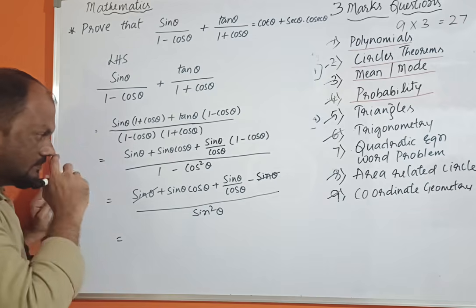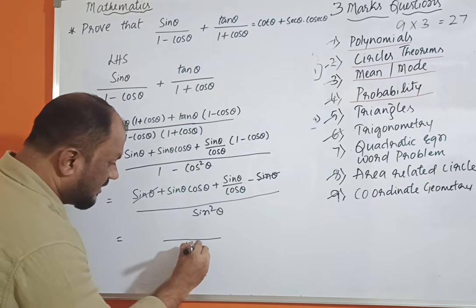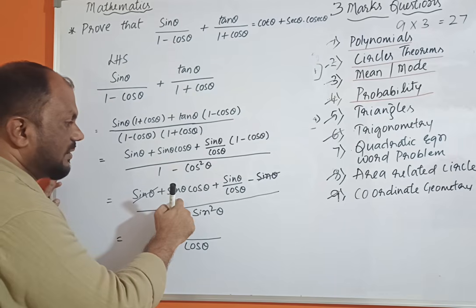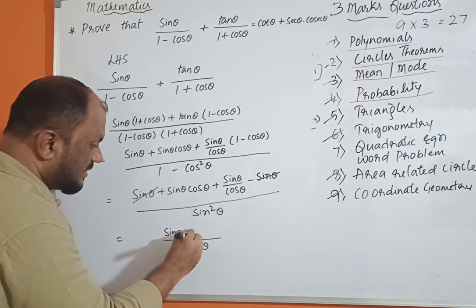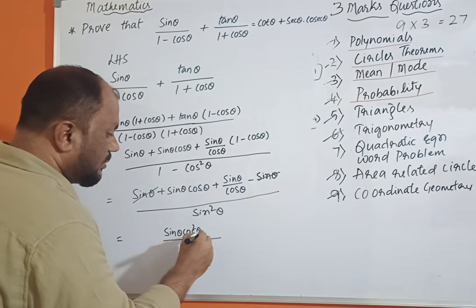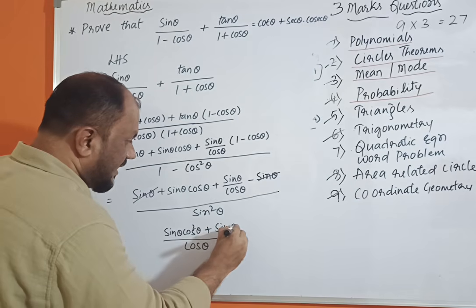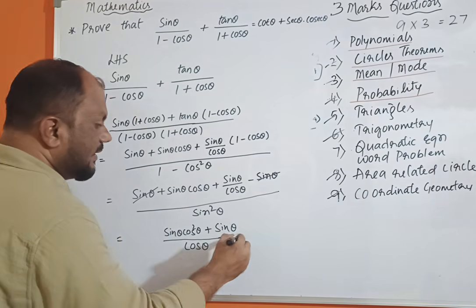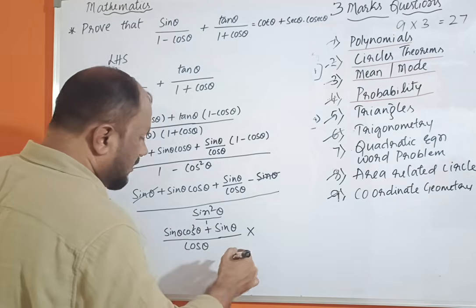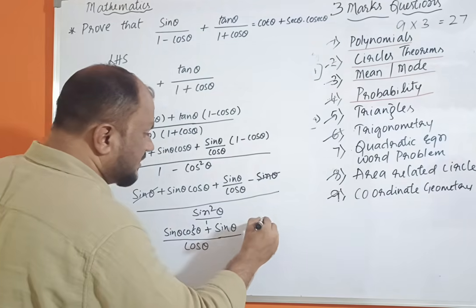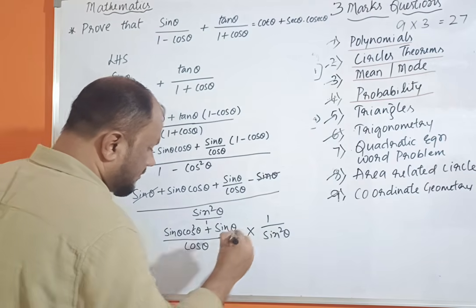Now here the LCM is cos theta, so it should be multiplied with cos theta. So sin theta into cos square theta plus sin theta, into sin square theta by 1. If you convert into multiplication, then it becomes what? 1 divided by sin square theta.